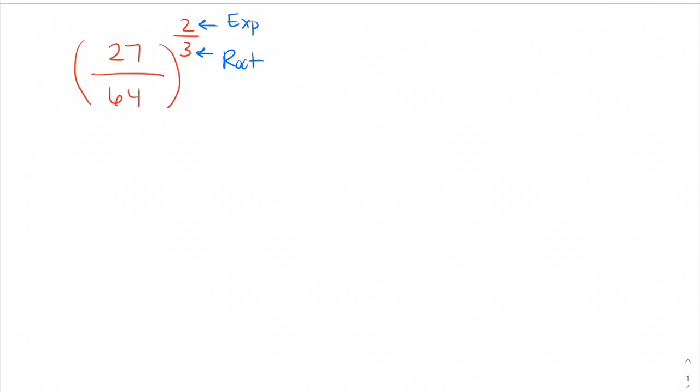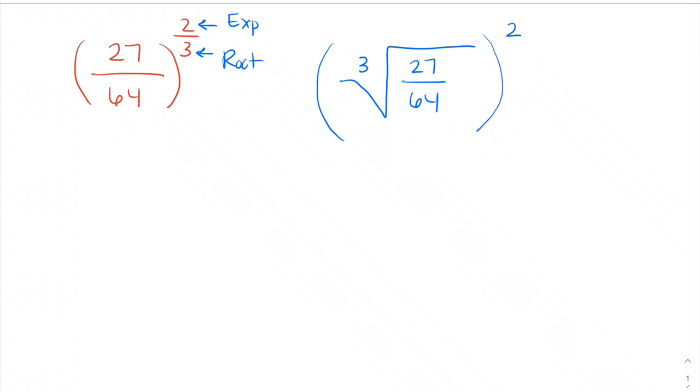So that means I'm going to take the cube root of 27 over 64, and once I do that, then I'm going to raise that to the second power.